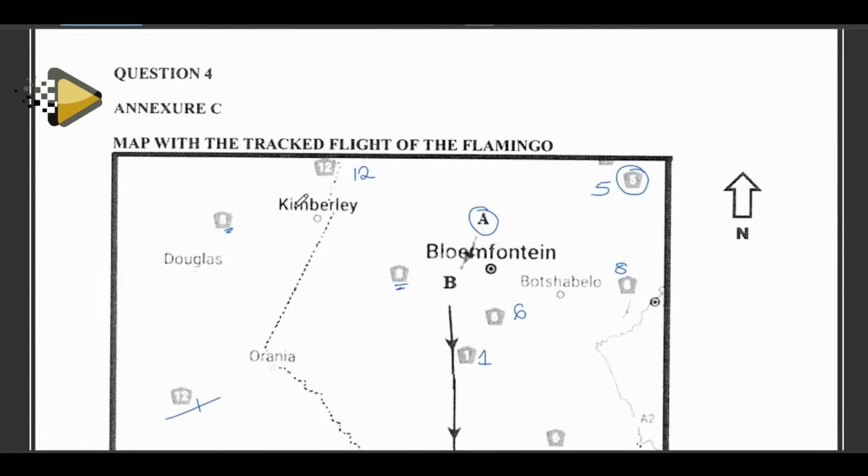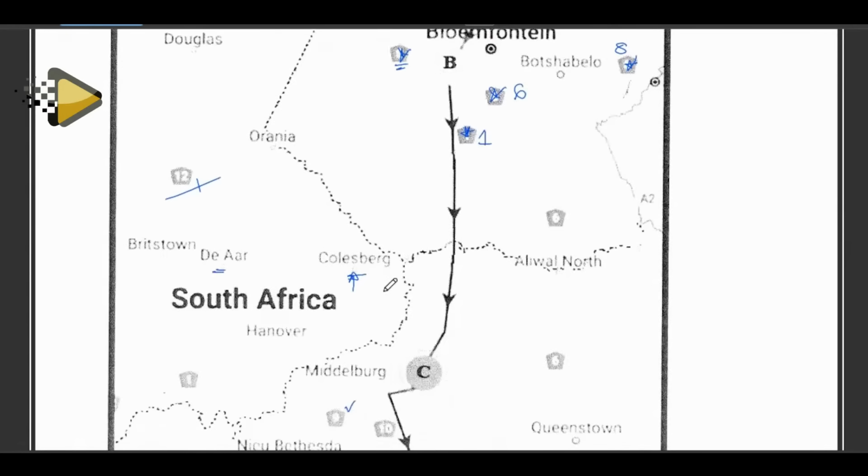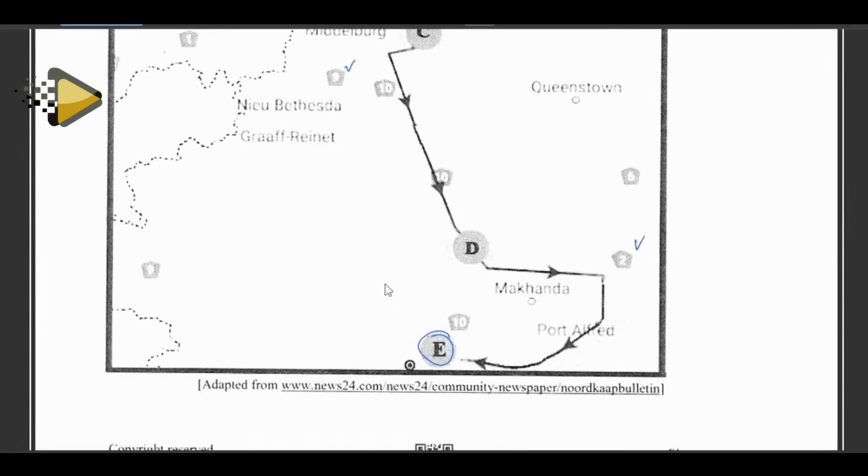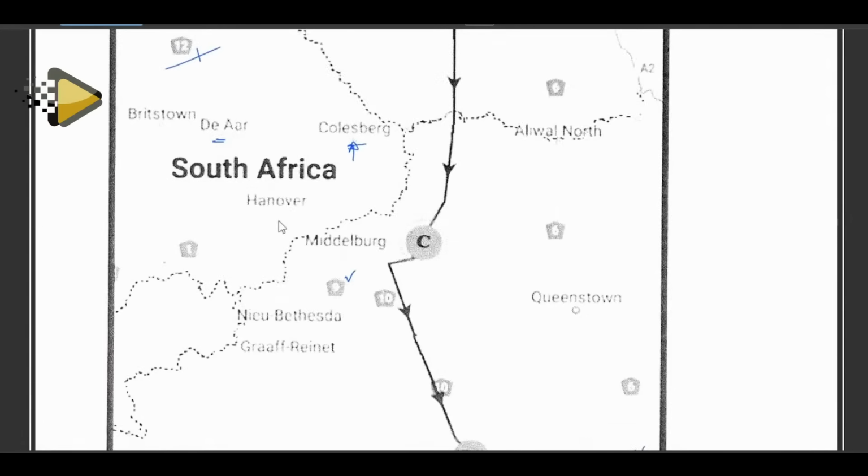So when you count them, we say 1, 2, 3, 4, 5, 6, 7, 8. So there are 8 of them. 8 what? National roads.